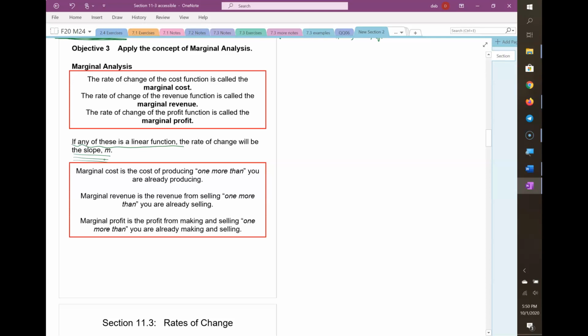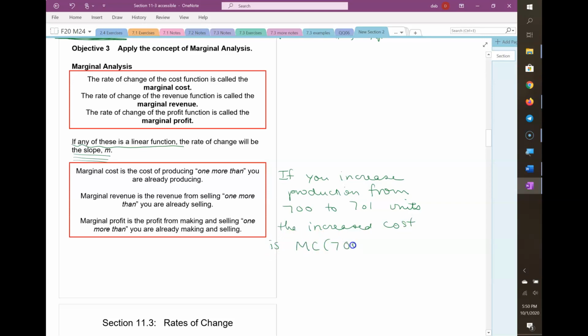So the marginal cost is the cost of producing one more than you were already producing. So if you increase production from 700 to 701 units of whatever it is you're making, the increased cost is the marginal cost at 700.